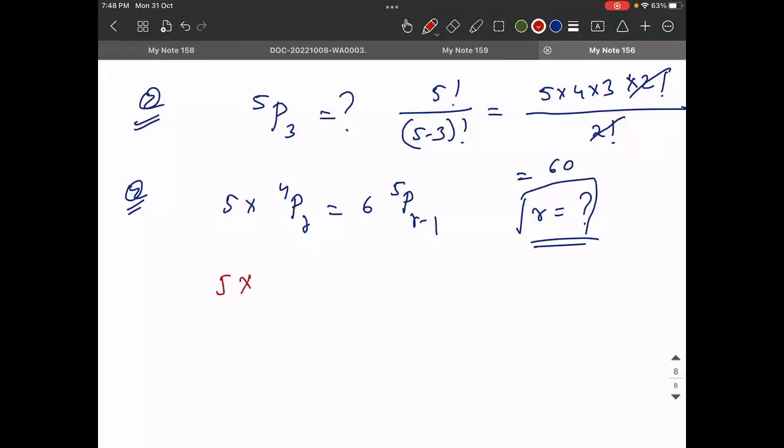Just multiply: 5 into 4 factorial upon 4 minus r factorial will be equal to 6 into 5 factorial upon 5 minus r minus 1 factorial. So how much will this be? Do it.